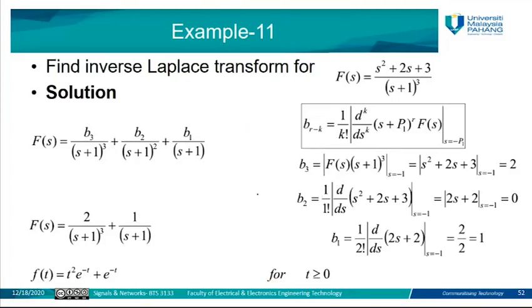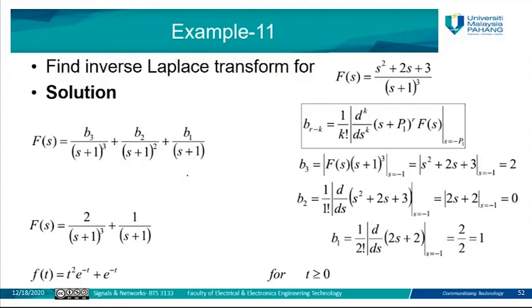Is it clear here? Any question about this part, about this example? The calculation here is just to show how we can apply the partial fraction. But our task is not the partial fraction.